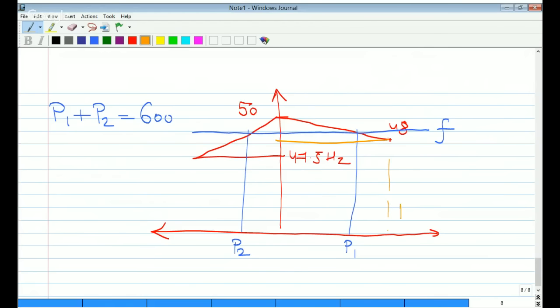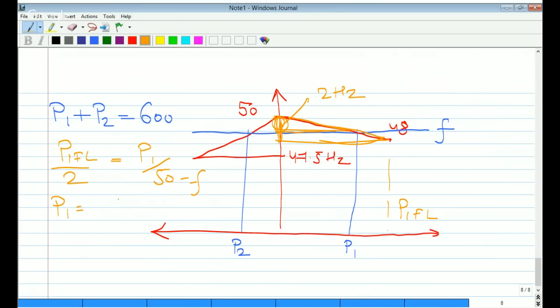This one is P1 full load. And this drop is basically 2 hertz. So now by the concept of similar triangles, this smaller triangle and this complete triangle are similar to each other. That is, P1 full load by 2 should be equal to P1 by 50 minus f, because this distance will be 50 minus f.